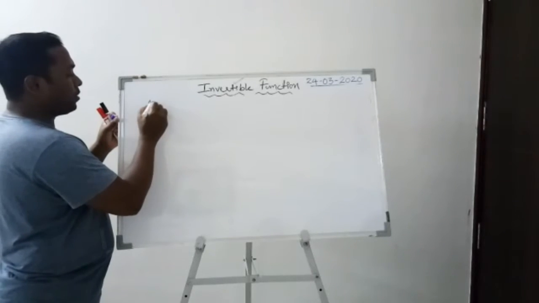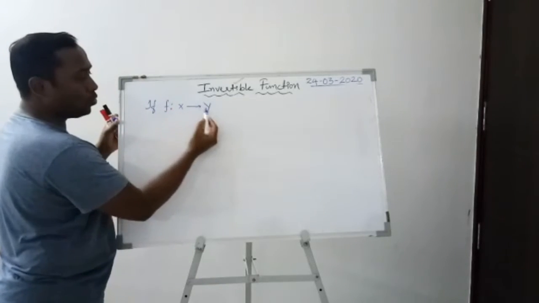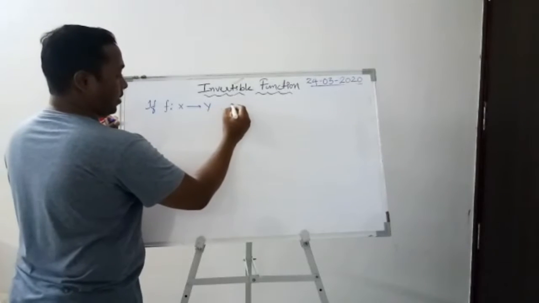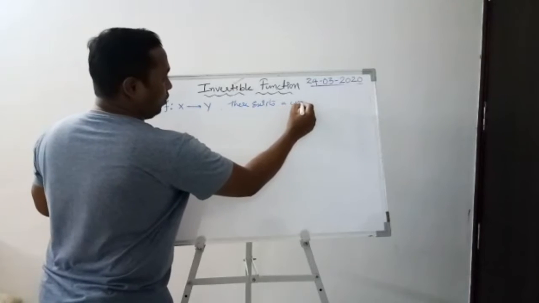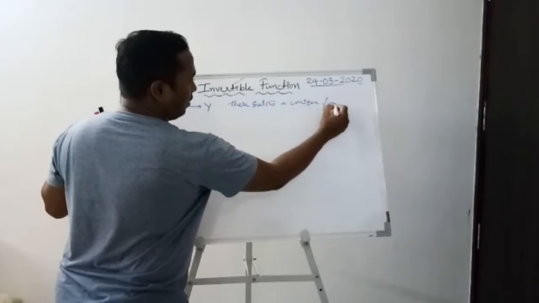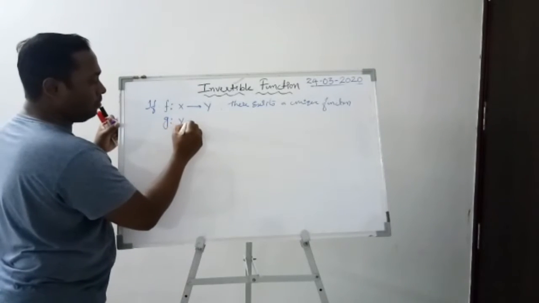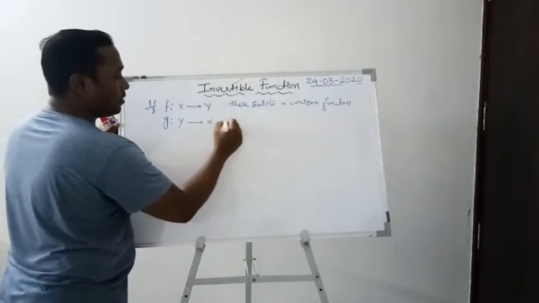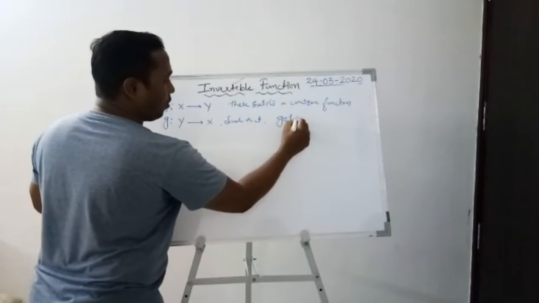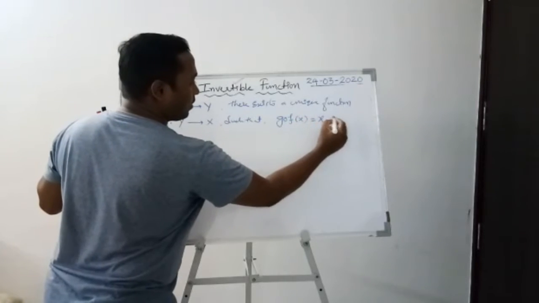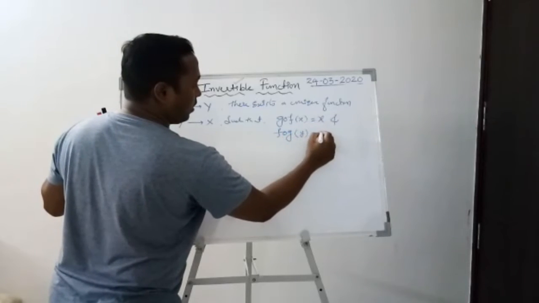So if a function is defined from set x to set y, domain to codomain, if there exists a unique function g, which is defined from y to x, such that g circle f of x is equal to x and f circle g of y is equal to y.